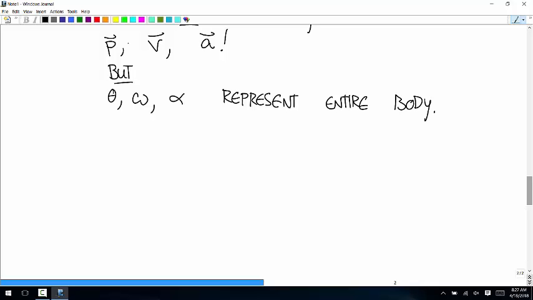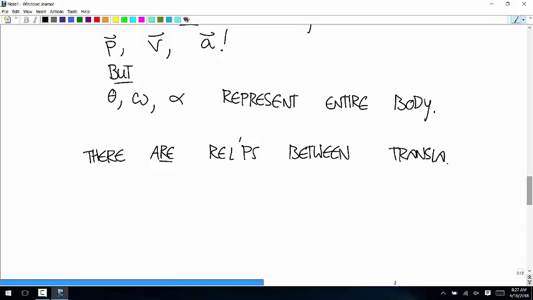But there are relationships between the translational quantities and the angular quantities. So I'm going to do that just with an example problem. There are relationships between translational and angular quantities.